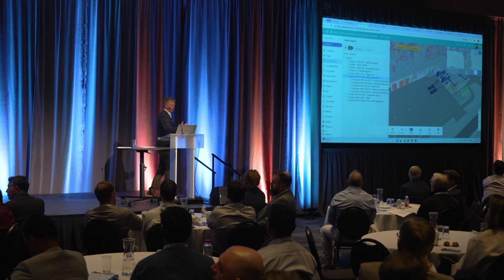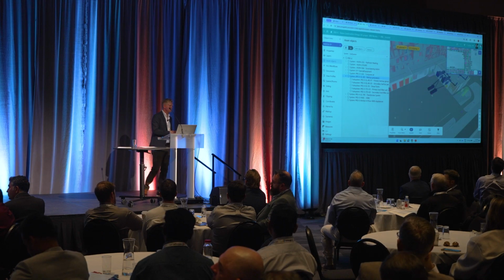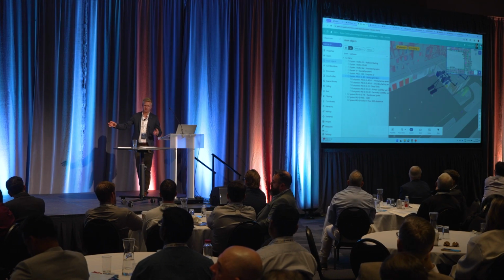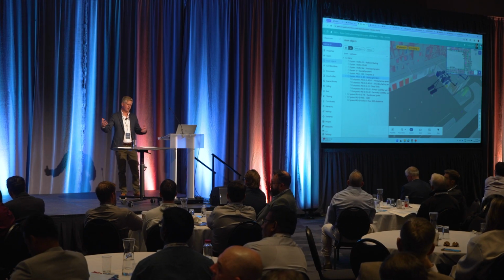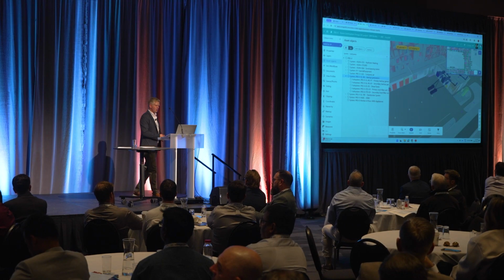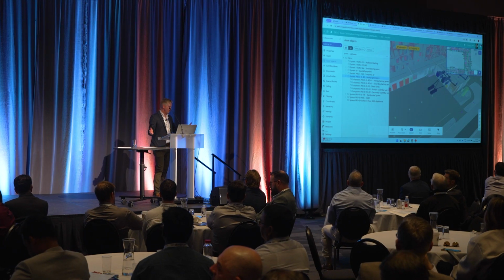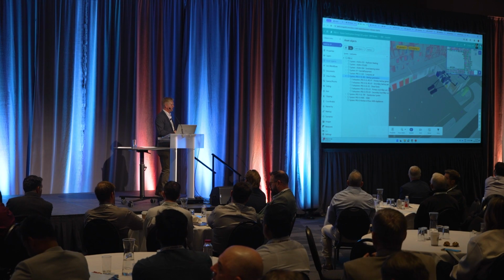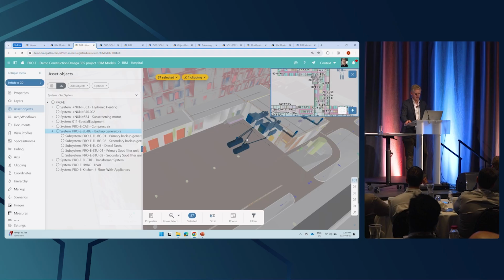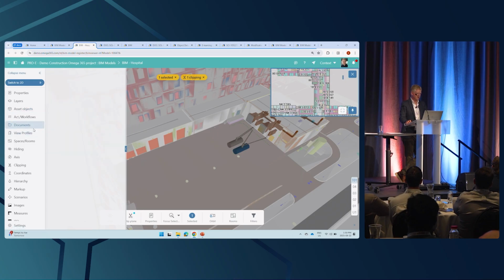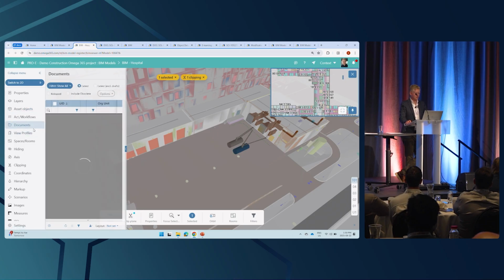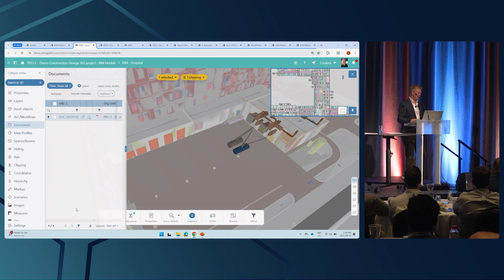If I want to combine this with the schedule or progress, through the objects and what state it is in, I can visualize whatever I want. I can color a set of objects green and so on to visualize my progress. And again, the data, I can go into the properties, I can see what documents are attached to this specific tag, and I can bring up the drawing and so on. So everything is linked together.